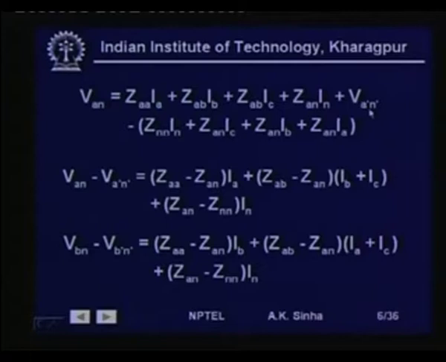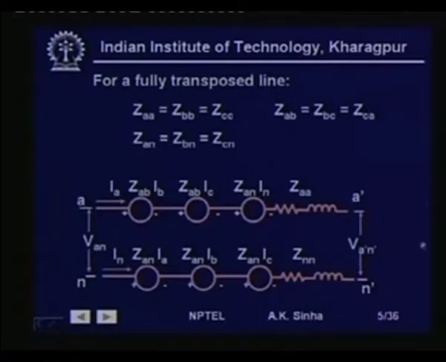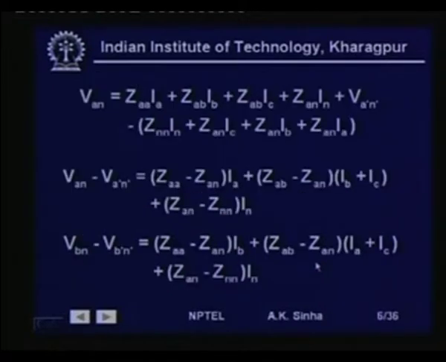Plus this voltage VA dash N dash, minus this, because we have assumed current IN to be flowing like this. So, minus IN into ZNN, minus IC into ZAN, which is ZCN basically.